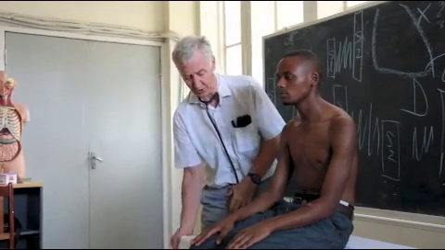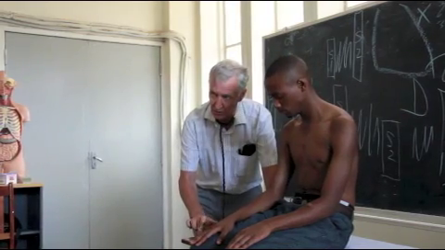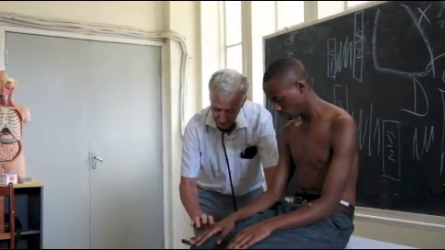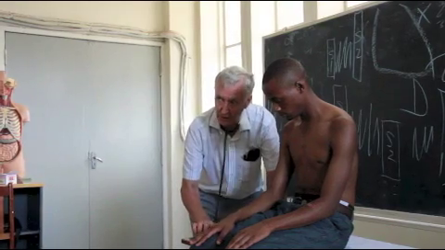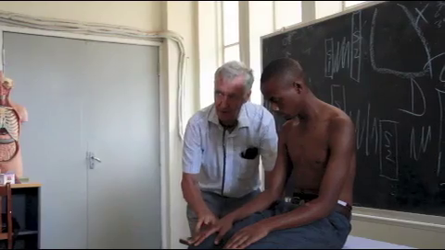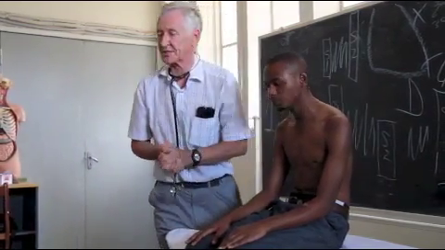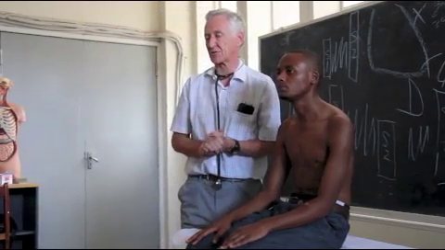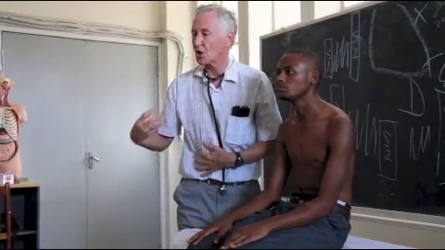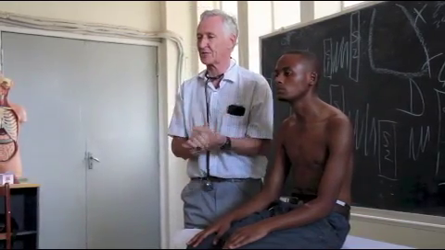A gallop rhythm would go something like this. That's a gallop rhythm, an extra sound. That's usually a third heart sound. As I said, a diastolic sound due to passive filling of the ventricle, which is already full of blood because it's not emptying properly. It creates a sound.